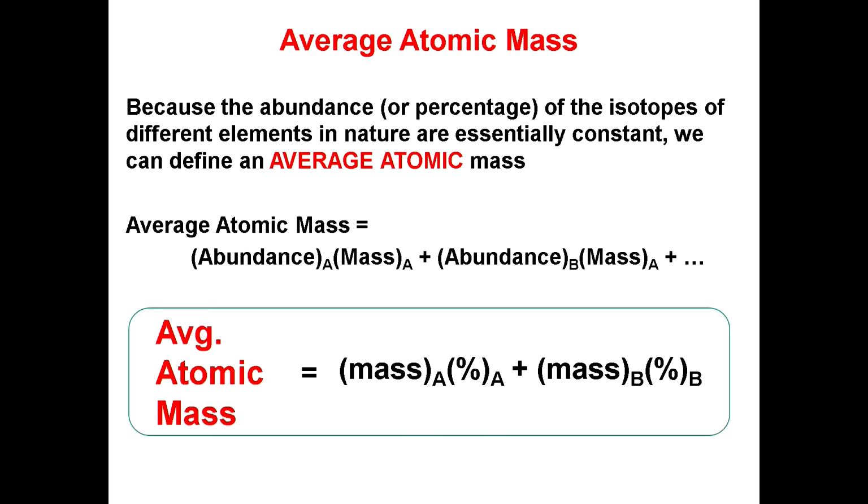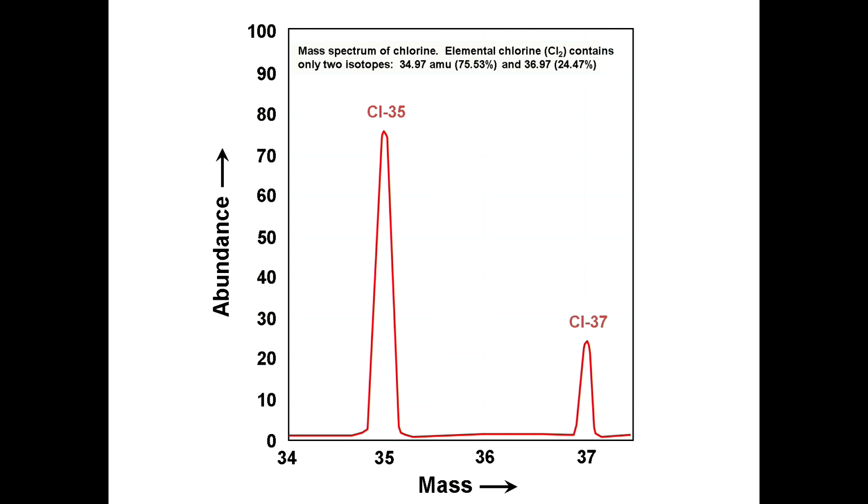Mass and abundance, right? So 35 is the atomic mass, and this is the abundance.